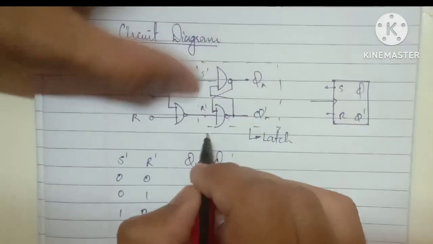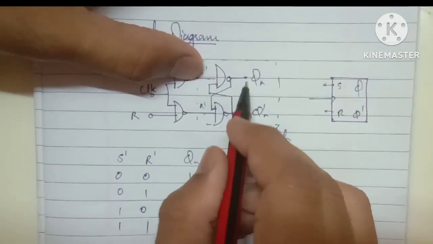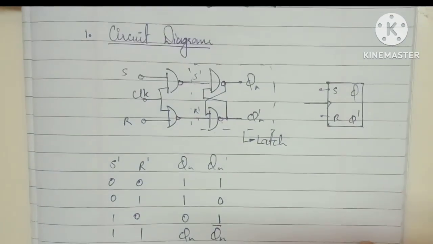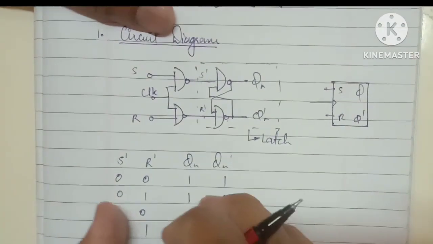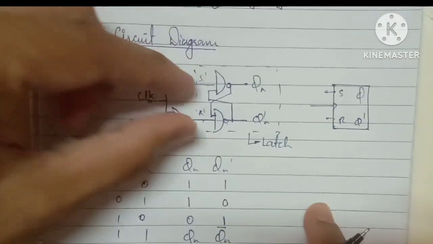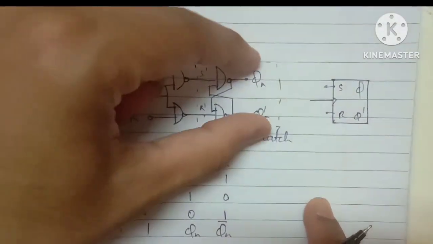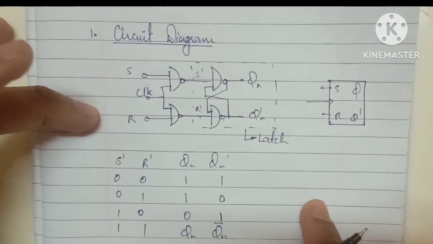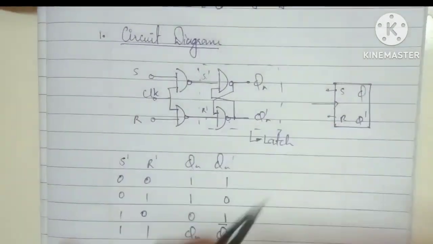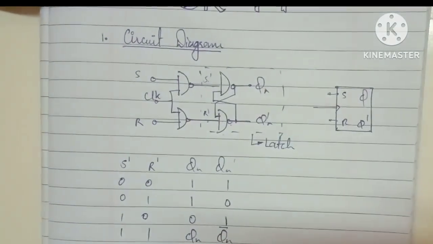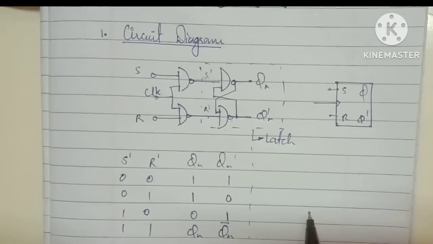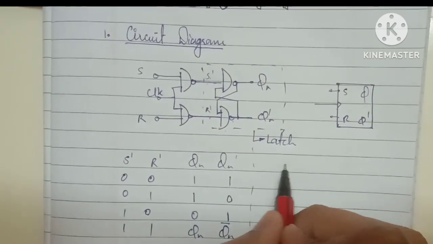Now when both inputs are 1, the output will remain in that state only. Understood? So this is clear. What we have picked out is S dash and R dash; whenever the inputs are S dash and R dash, it will give you this part. So this is the SR latch output and the SR latch truth table. Clear?